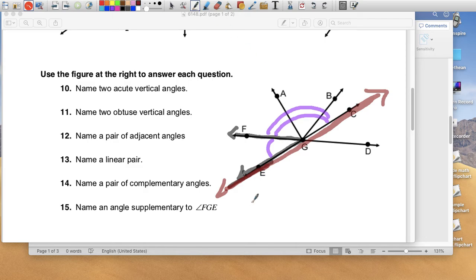So we have angle FGE plus angle, and this one's formed by this line and this line, a much bigger angle, angle FGC. That's it. Pretty simple. That's fast.